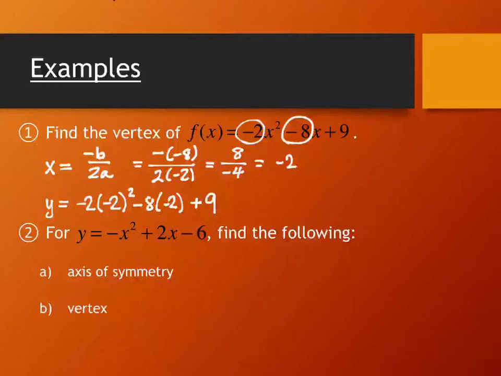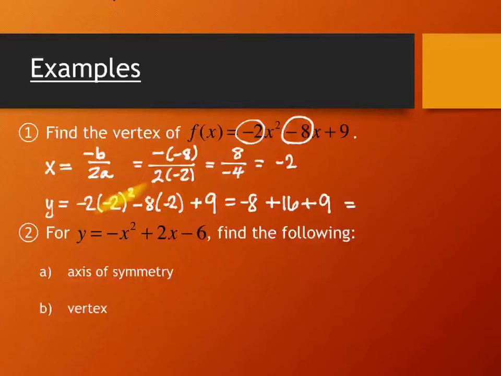All right, so what is negative 2 squared? That one's 4 times the negative 2 in front would make it a negative 8, right? So I have negative 8, and then I have negative 8 times negative 2 in the middle, giving me a positive 16, and then positive 9 at the end.